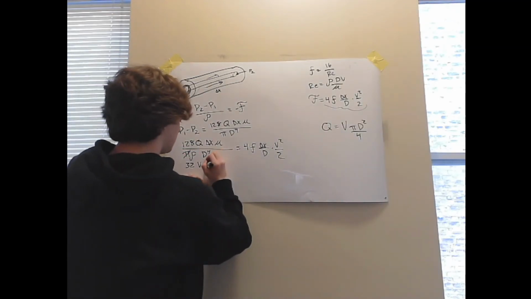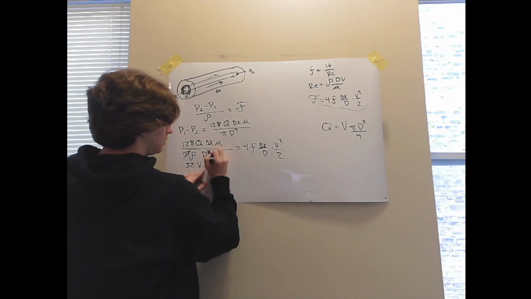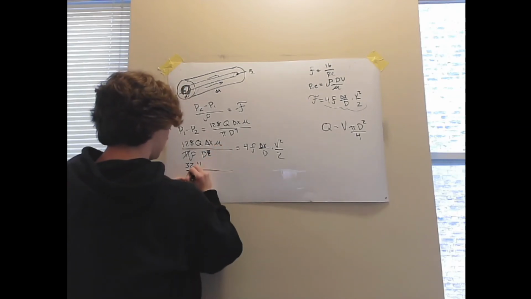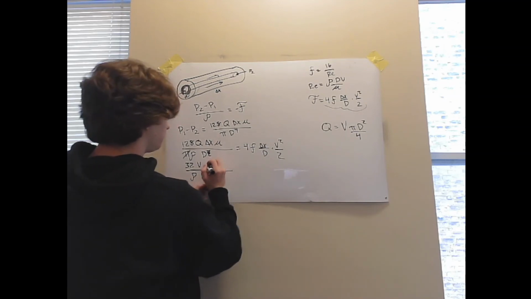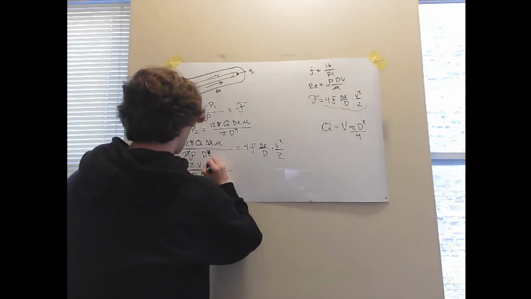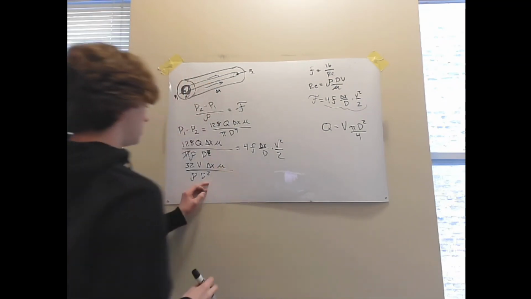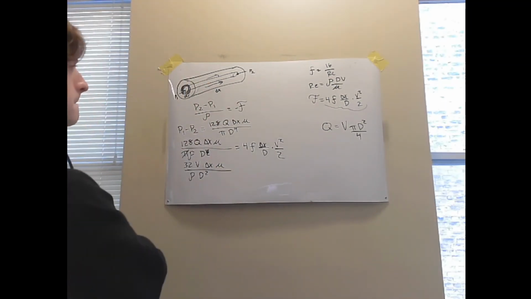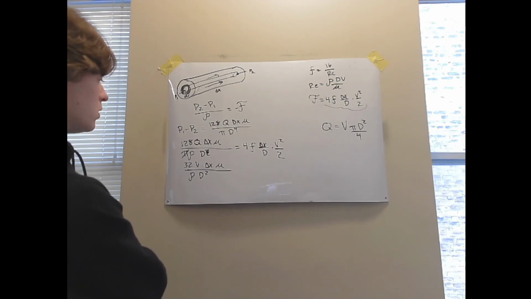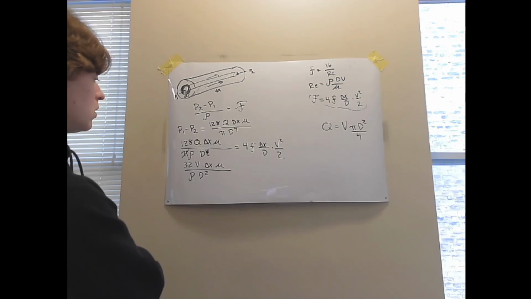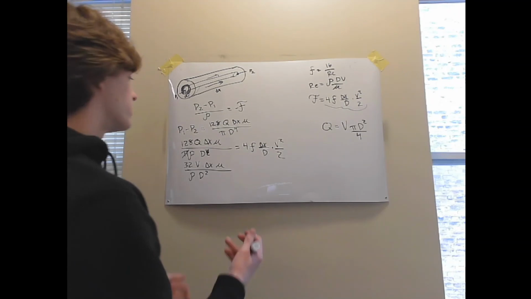So we have V times d squared cancels out with this d to the fourth. So we're just left with rho d squared in the denominator times V times delta X times mu. Let me just double check that's right. That looks right to me. So I'm going to go ahead and continue.